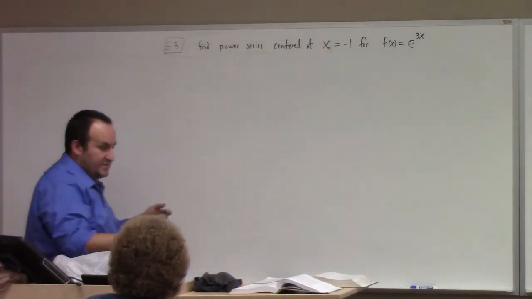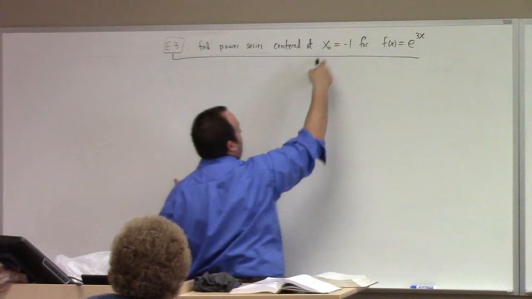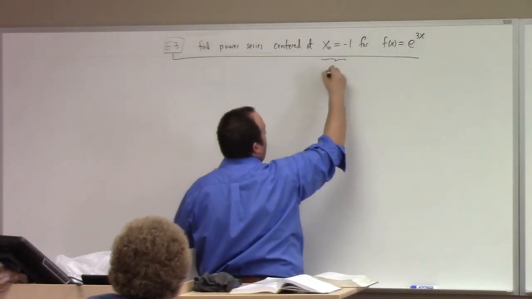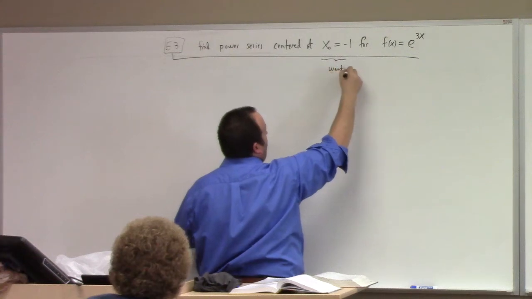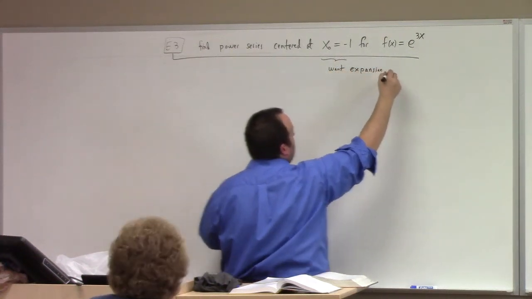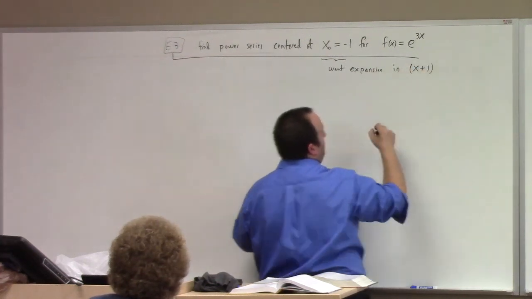So here's how I do this. If I'm looking for a power series centered at minus 1, this means I want an expansion in x plus 1 powers.